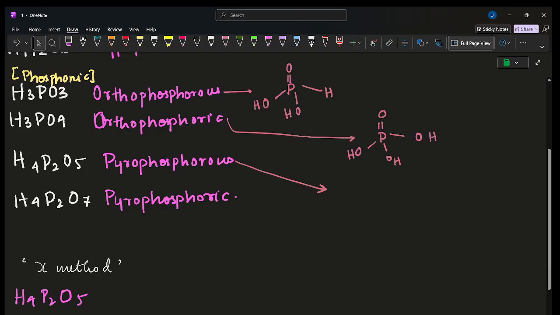How we're going to do the 5 is, we have 2 phosphorus, just put these, and you have 4 hydrogens. So put these, and there's one more oxygen. You're going to have a P-O-P bond.